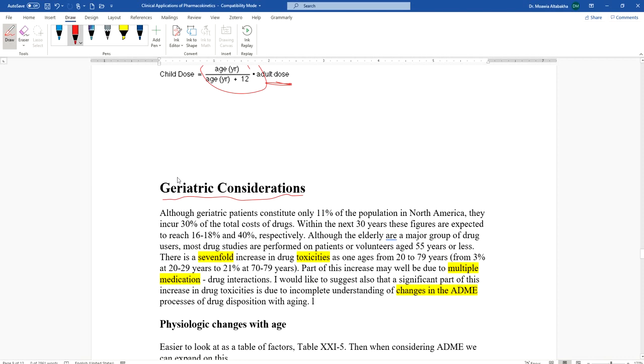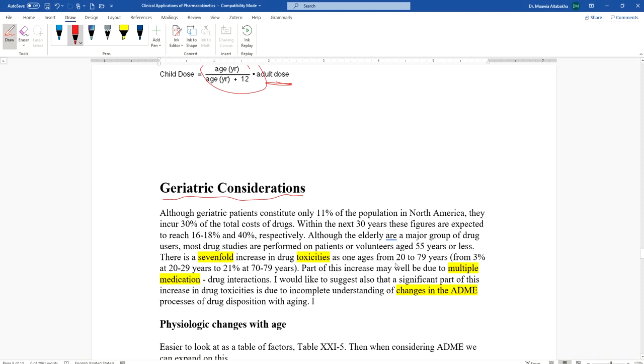We are seeing that the percentage of older people or elderly is getting higher. And you know that most of the drugs are taken by this group. Although they are not as numerous as, for example, adults, we will see that they are taking a significant number of medications.